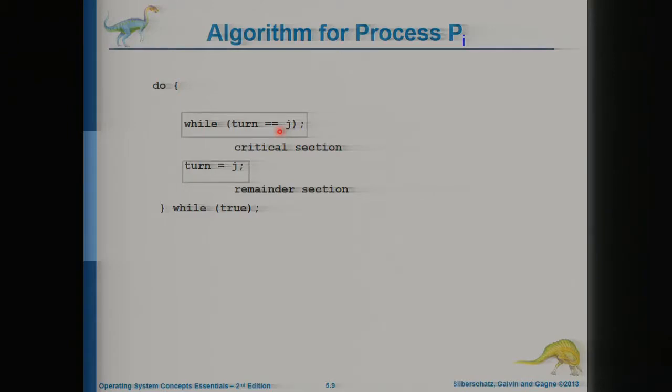When the other person finishes his turn, then only I can go and execute my critical section. After I execute my critical section, I will have to tell that other person, yes, I have finished, you go ahead. So in the exit section, we are saying turn is equal to j, and then the process enters into its remainder section.